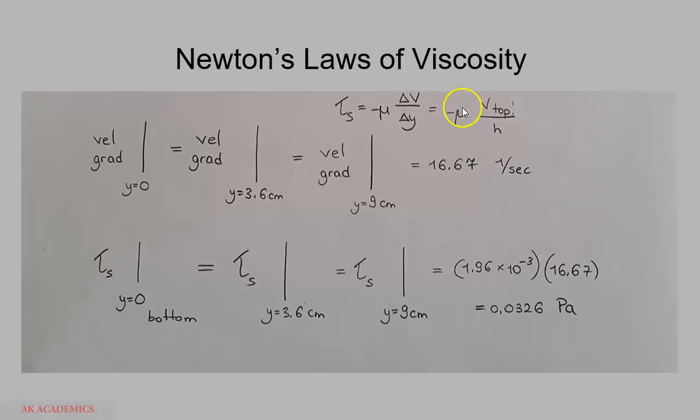That is why we have this viscosity here. So most times when we are implementing these calculations, we don't use this negative sign to calculate. It represents the fact that there is resistance. So that's why we don't use the negative for calculations, and we have 1.96 times 10 raised to the power minus 3 without the negative sign, multiplied by this 16.67, that gives us 0.0326 Pascal.